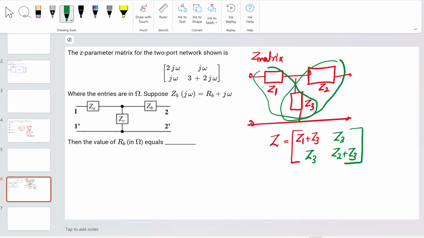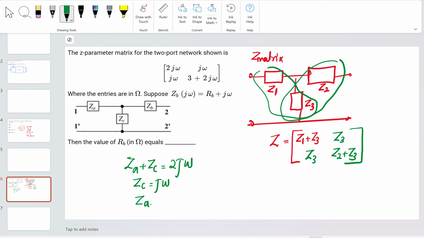Okay, 3 is actually correct. That is the correct answer. A simpler way to solve it: ZB is being asked. If you see, ZA plus ZC will become 2j omega, and ZC we already know is j omega.